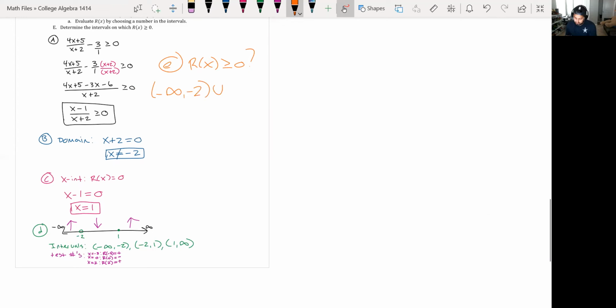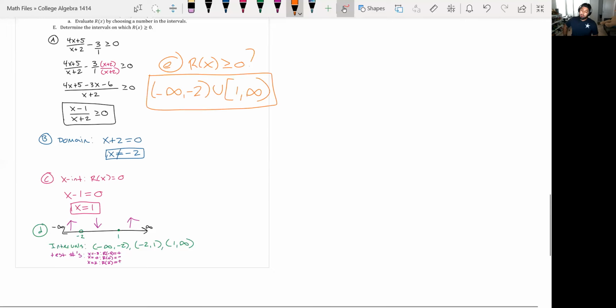And then looking again from 1 to infinity, but this time 1 is included because we are also above and on at that point. And there it is. That's all we're looking for.